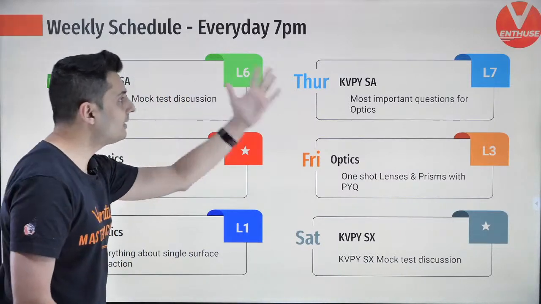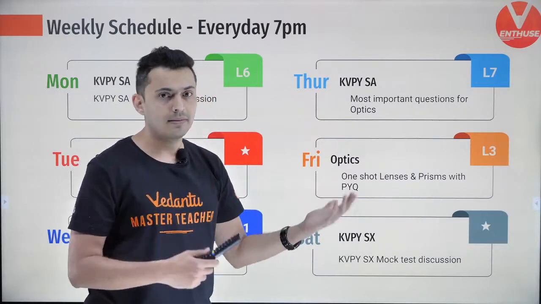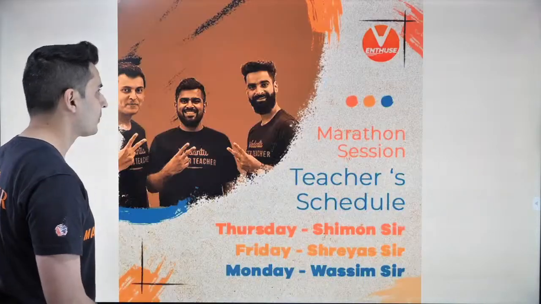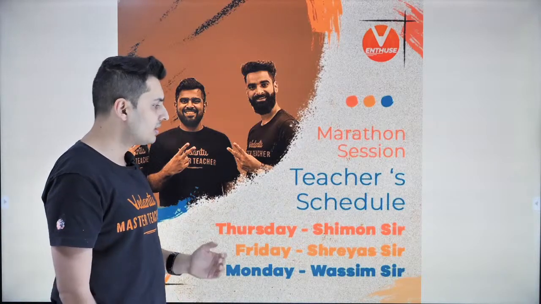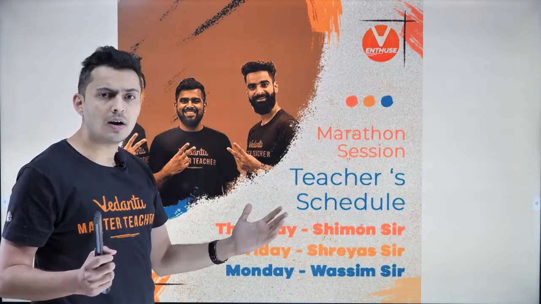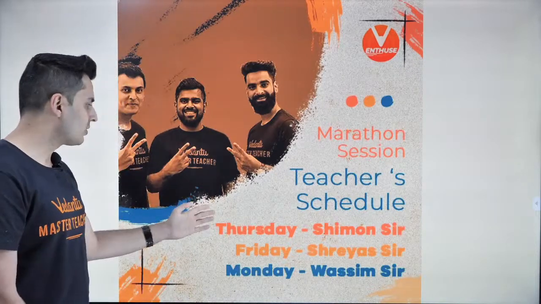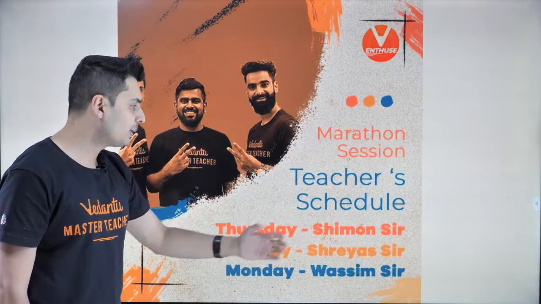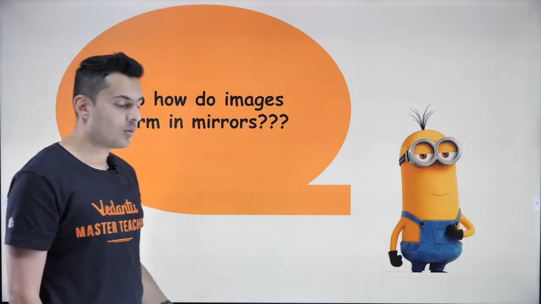You will get all these details in the session PDF in the description box below. After the session is over, even on our Telegram channel, everything gets updated, so you know when and where the lecture is. The marathon sessions are power-packed, long sessions, so that you learn a lot in this duration. Thursday will be by Shimon sir, Friday will be by me, and Monday will be by Wazim sir. So that's the schedule.